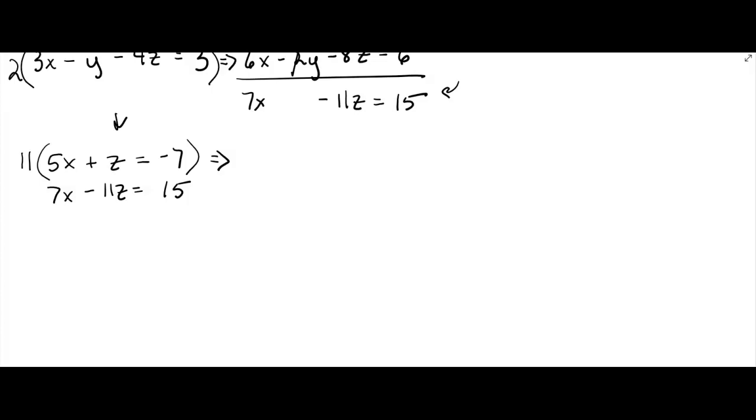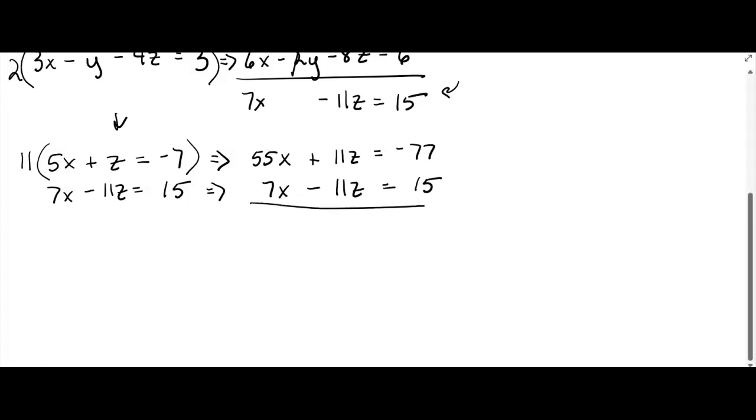So 11 times 5 is 55x, kind of a big number, but that's so we can avoid fractions. That's why we get these big numbers. Plus 11z equals negative 77. And then the bottom equation, 7x minus 11z equals 15.